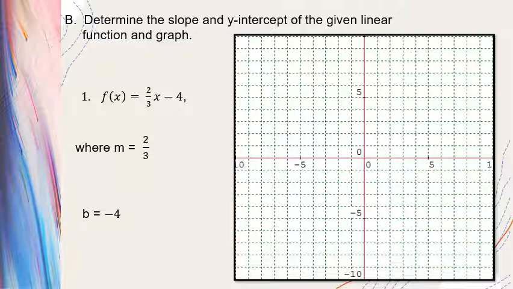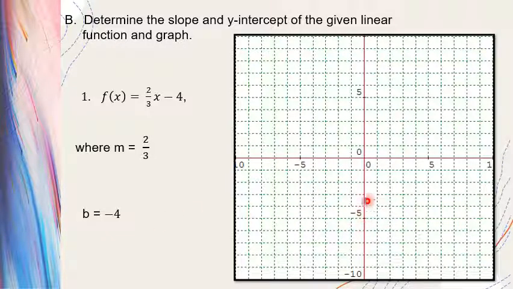Next, determine the slope and y-intercept of the given linear function and graph it. As you can see, we have m equals 2/3 and b is negative 4. Now we're going to graph this. It's negative 4, so we can say that it's 0 and negative 4.